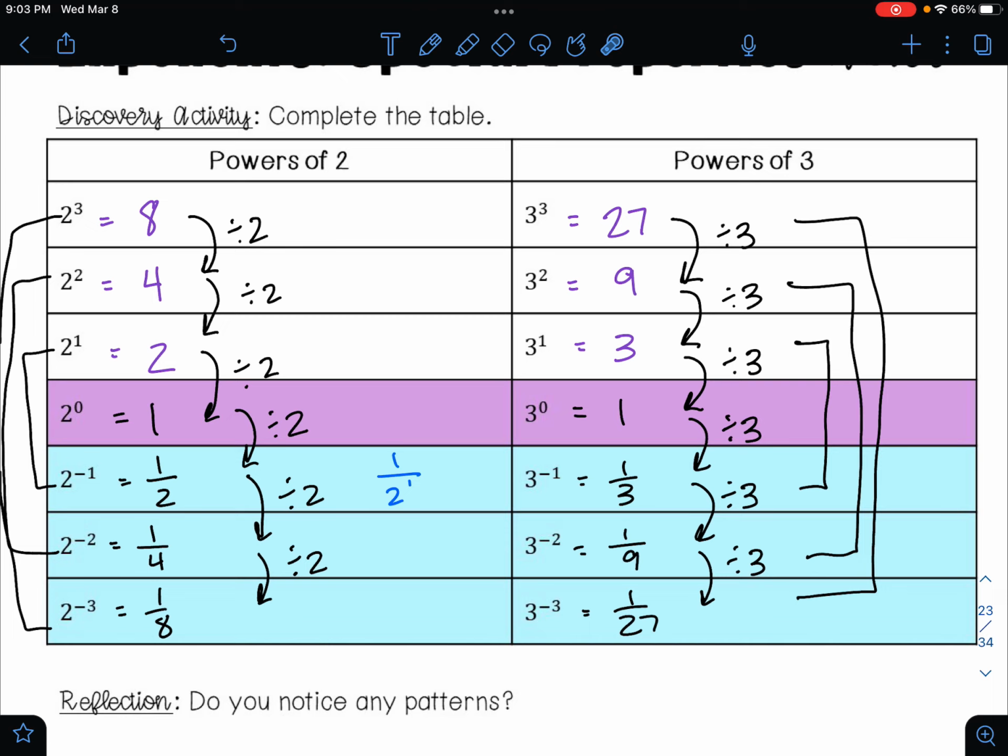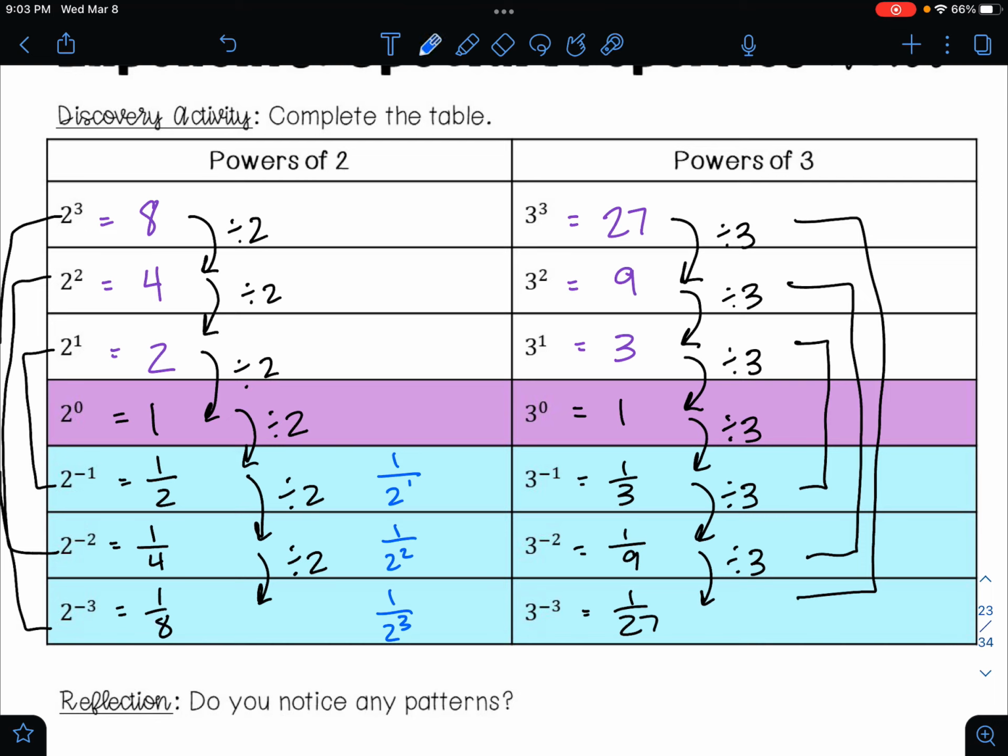Here, to make this negative 2 positive, I can move it to the denominator. 2 squared is 4. That's how I'm getting this denominator of 4 here. If I want to make this negative exponent positive, I'll have 1 over 2 cubed. 2 cubed is 8.